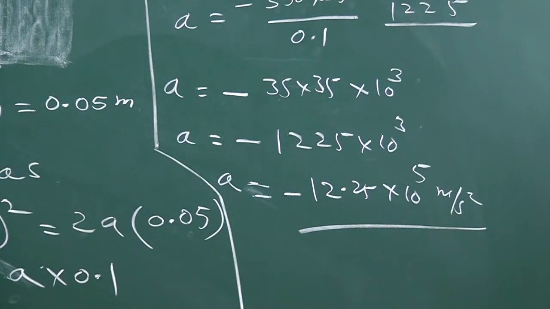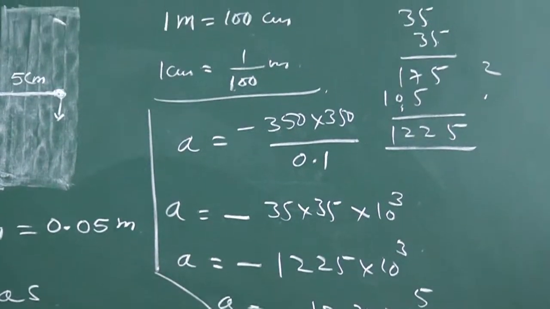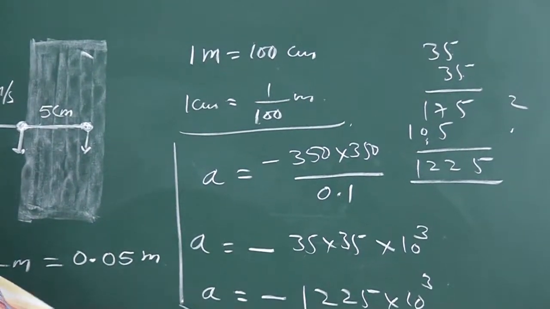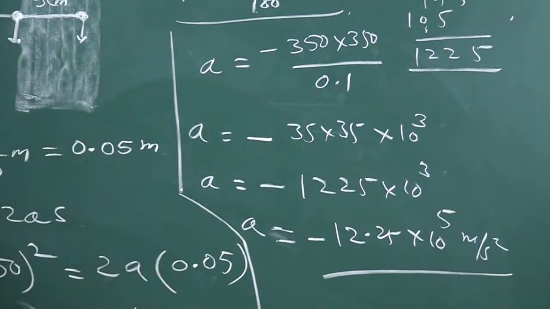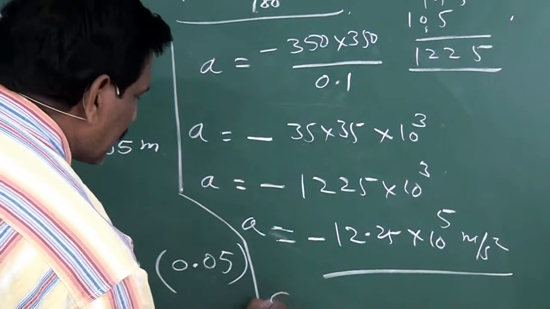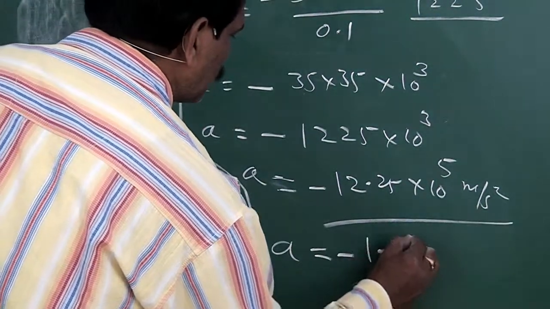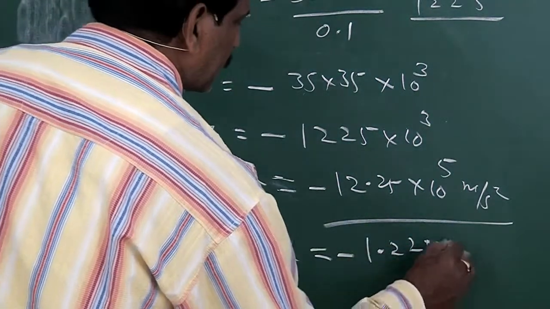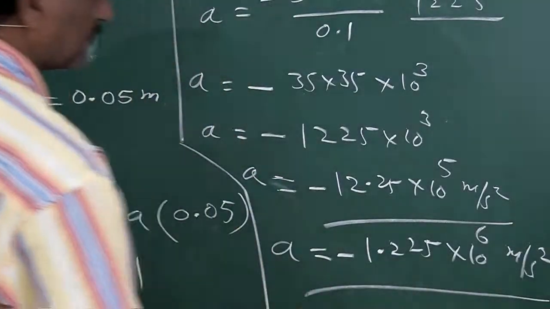Or you can also say 1.225 into 10 power 6. If this decimal comes over here, then it becomes 10 power 6 instead of 10 power 5. So it can also be written like this, minus 1.225 into 10 power 6 meter per second square.